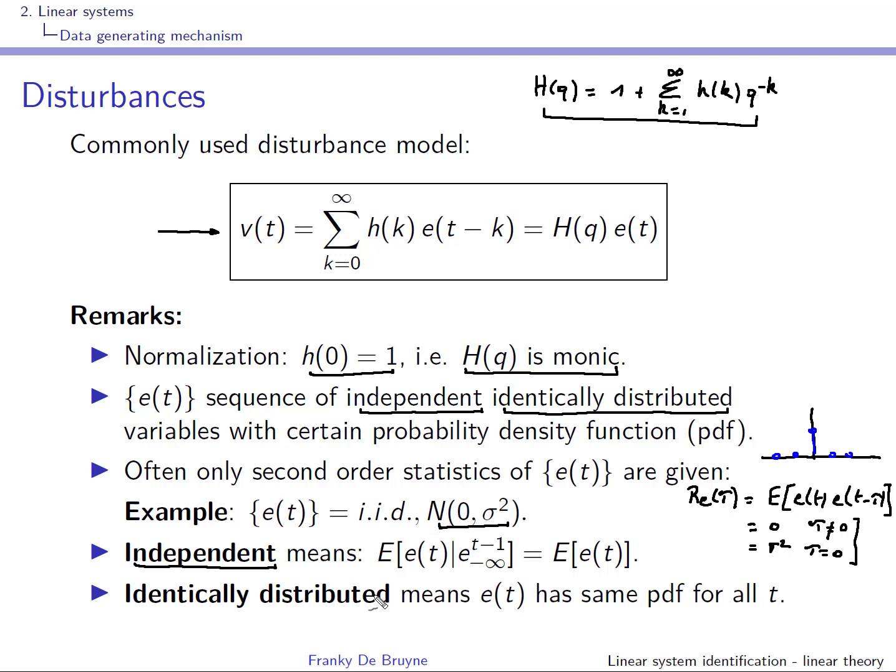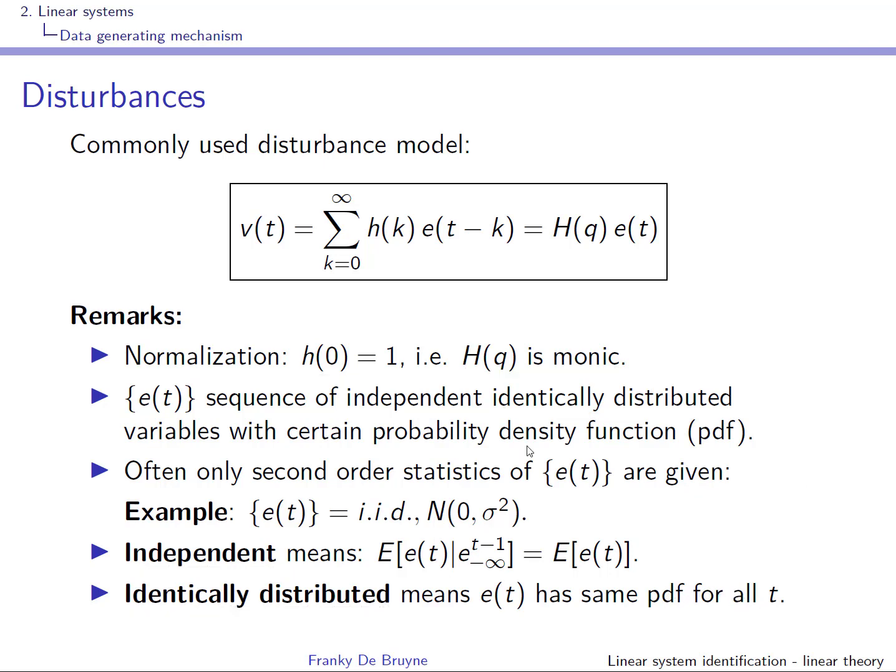So let's have a look at what we mean by identically distributed. By identically distributed, we mean that e of t has always the same probability density function for all times. As an example of an independent process, consider rolling a dice, un dé in French.